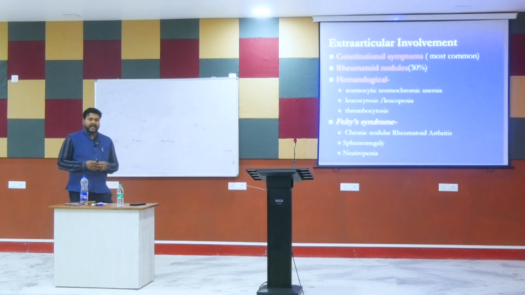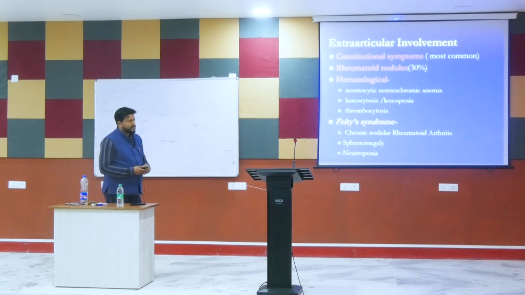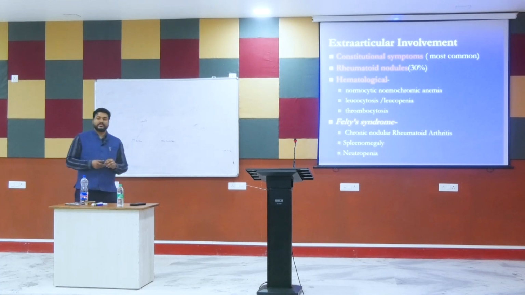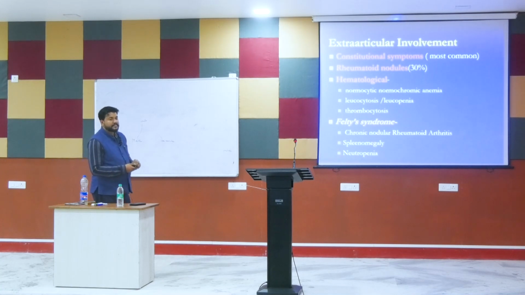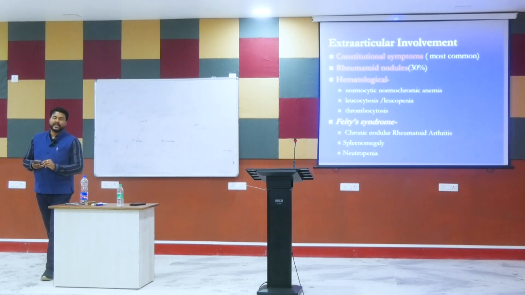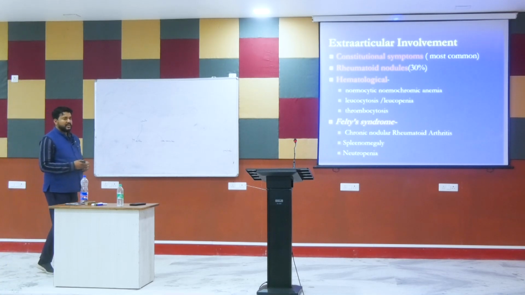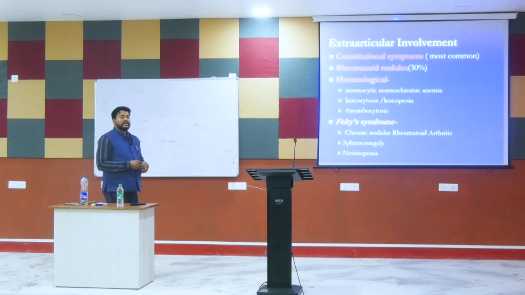Leukocytosis or leukopenia. So there will be high WBC count or low WBC count. And thrombocytosis. What is meant by thrombocytosis? It is very easy. Thrombocytosis means an increased number of platelets.